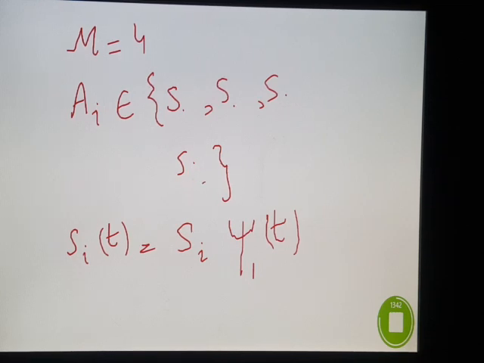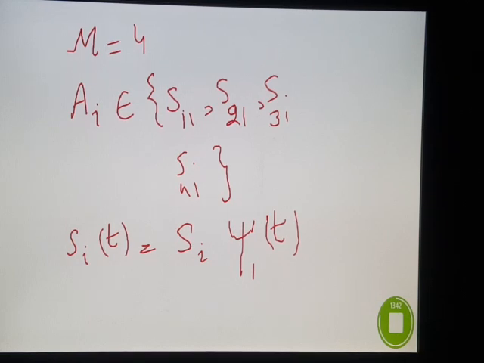So when you have Ai, you have 1 1, then 2 1, 3 1, and 4 1. So you can write your signal as Si1 psi 1 of t.